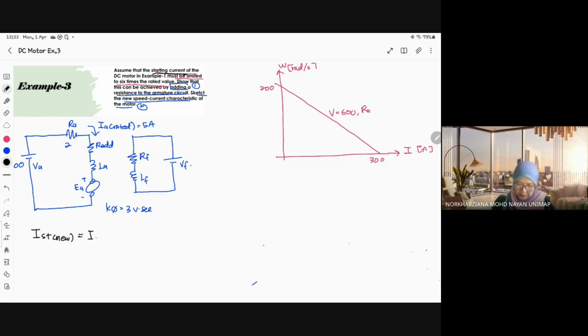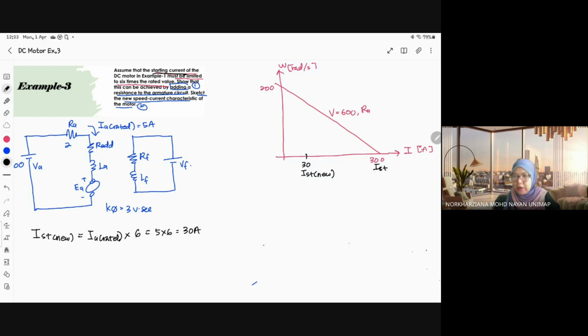So IA rated times 6, so this is 5 times 6 equals 30 ampere. From 300, the new starting current is 30 amp. So this is I_ST new, and this is your original starting current.